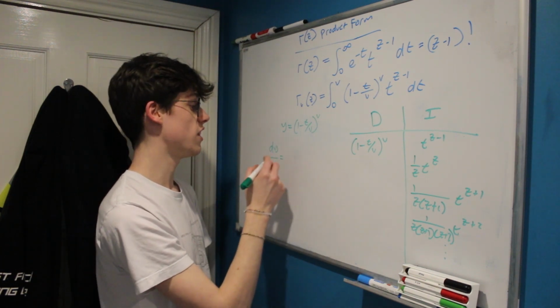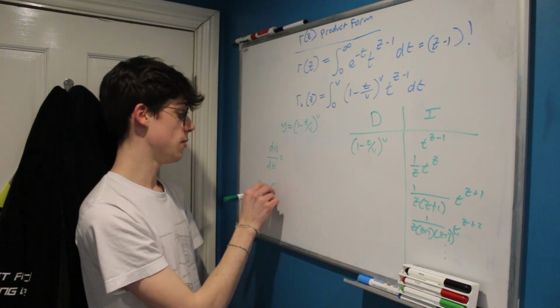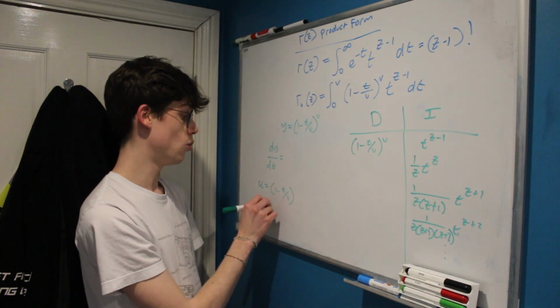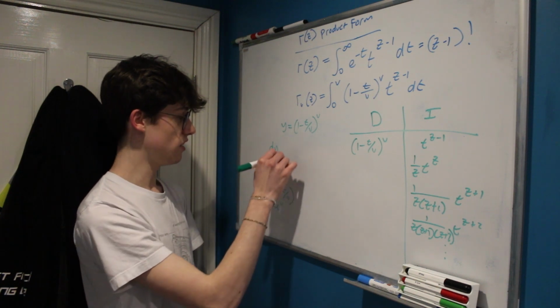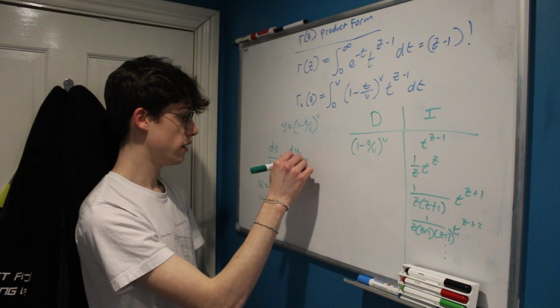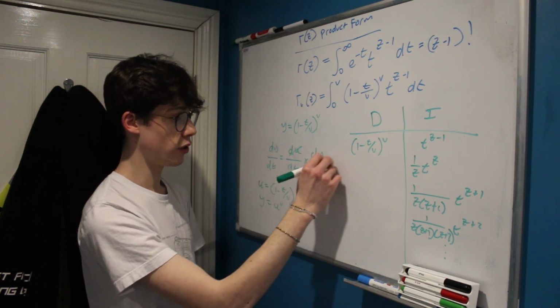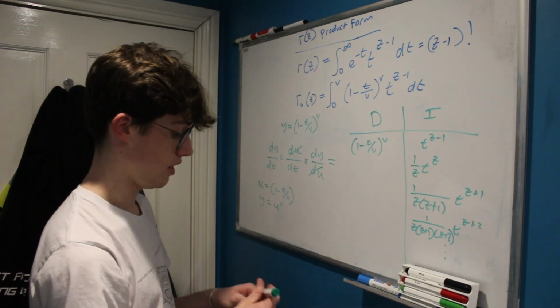A nice way to say this is, let's say I'm going to choose u to be equal to 1 minus t over v, and that implies that y is now equal to u to the v, and dy/dt is equal to du/dt times dy/du. And you can see the cancellations going on here very nicely. So we just need to find du/dt and dy/du.